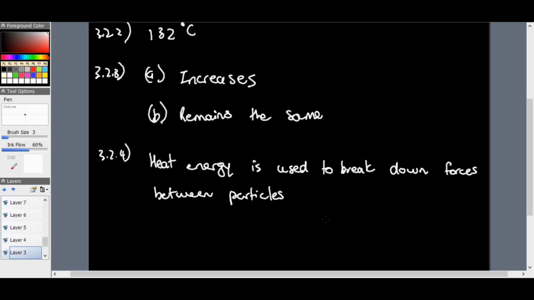If it's used to break forces between particles, it results in a phase change.